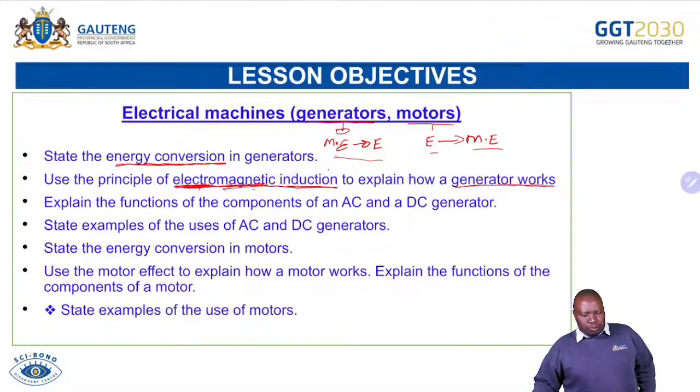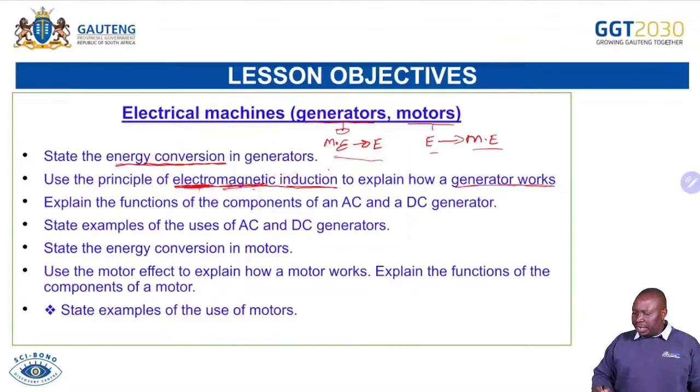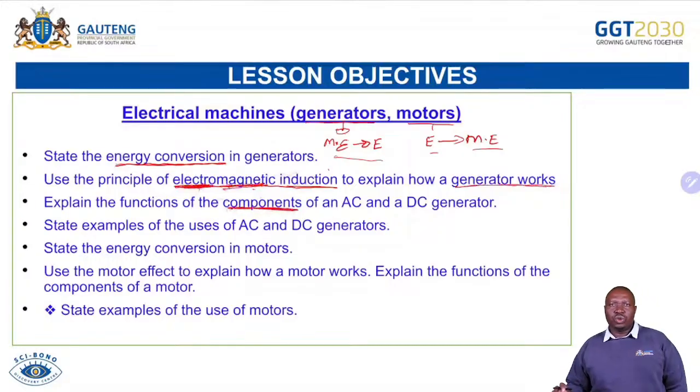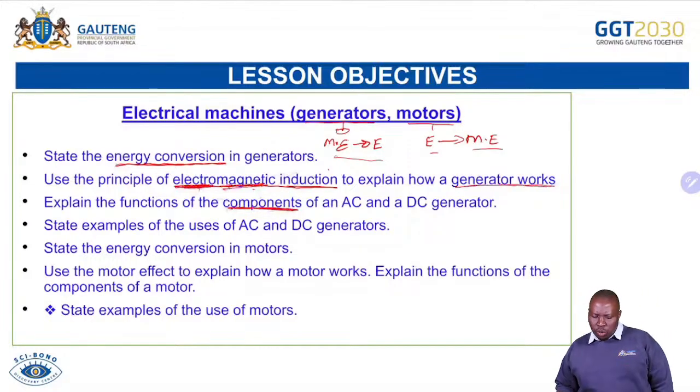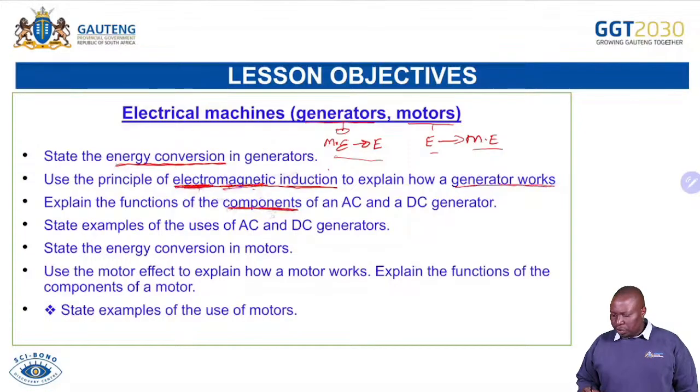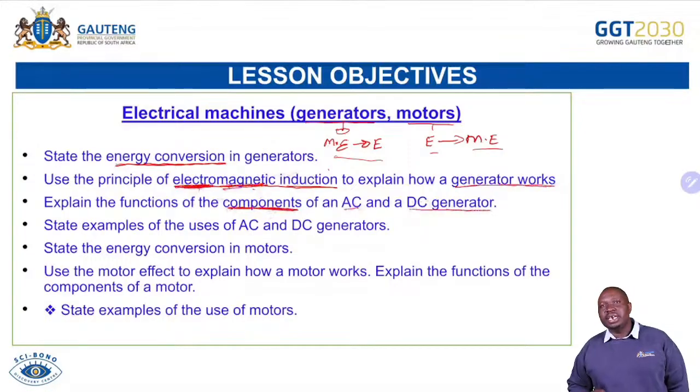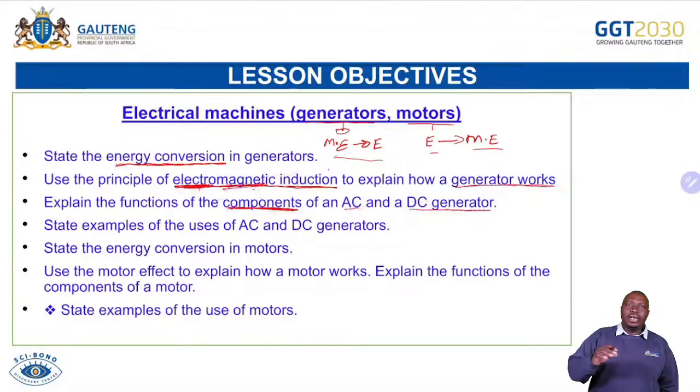The third point, you must be able to know the components. Very much important. If you want to know how generators work or how motors work, definitely you will look at the components. We have what is called the AC and DC generator. AC stands for alternating.